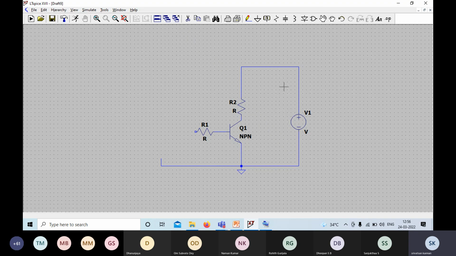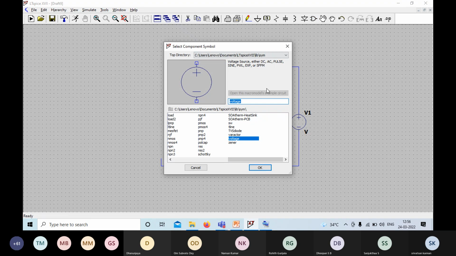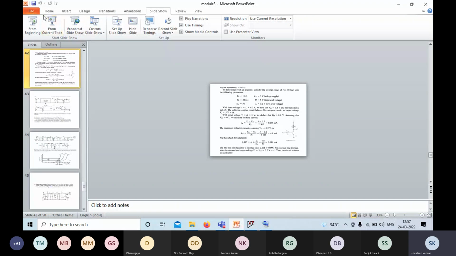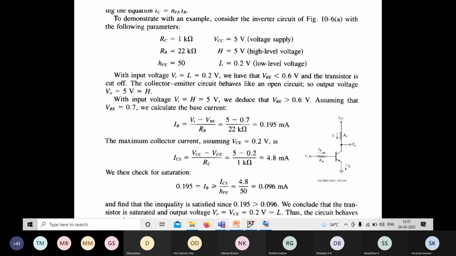You require one more source, the input voltage. Let us use an ideal transistor. So what are the values?